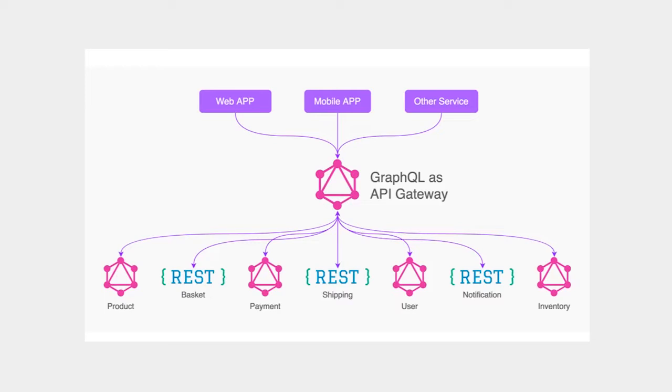Plus, you can include REST services, like a shipping service. In this example I found online, I don't even know what a basket service is, but shipping notifications. So you might have UPS, FedEx, REST APIs. Now you can create a synthetic relationship in GraphQL where you match the shipping service to a sale.